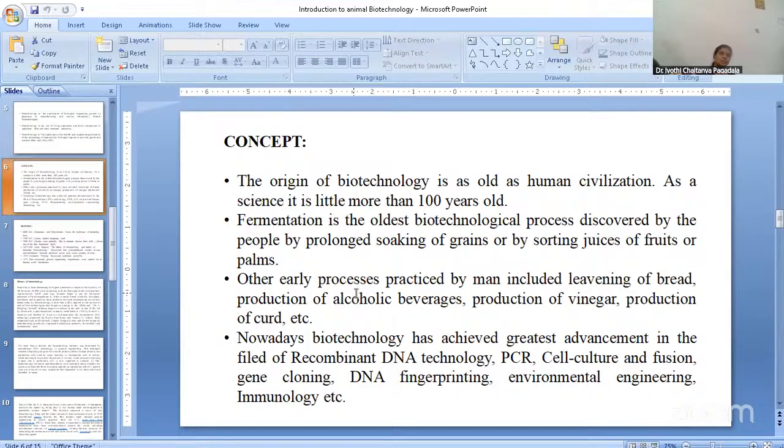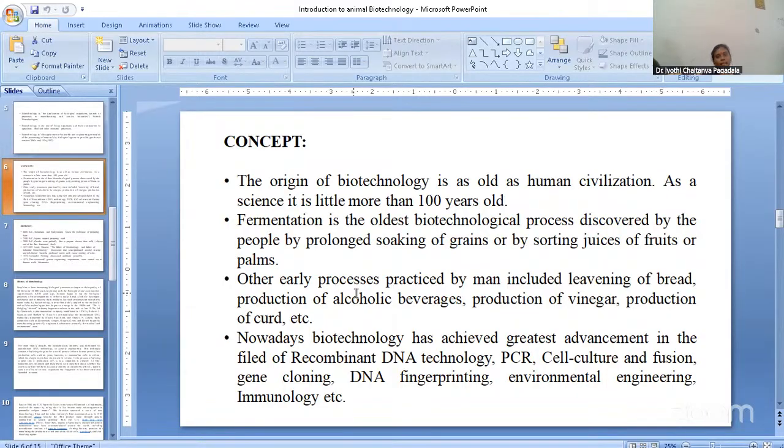The origin of biotechnology is as old as human civilization. As a science, it is a little more than 100 years old. Fermentation, not 100 years, it's like 6,000 years back.